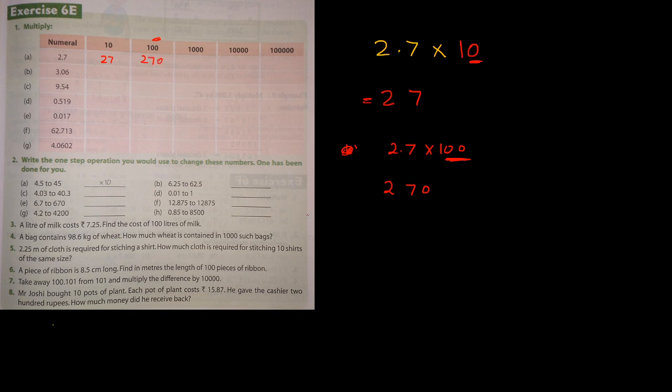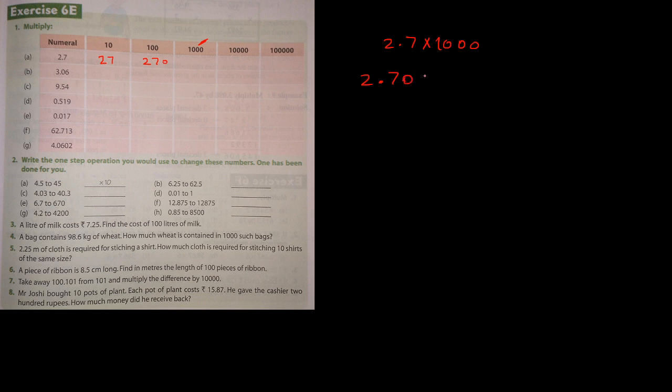Now let me tell you the next question. The answer was 27 here and 270 here. Now what will happen if you multiply 2.7 by 1000? How many zeros? Three. So you will write 2.7000.